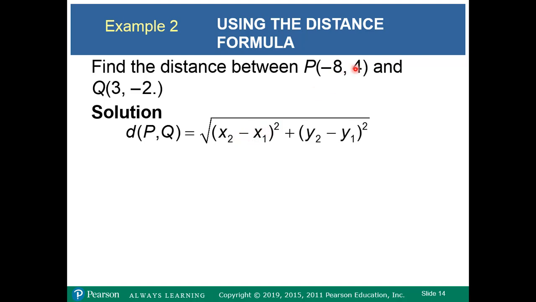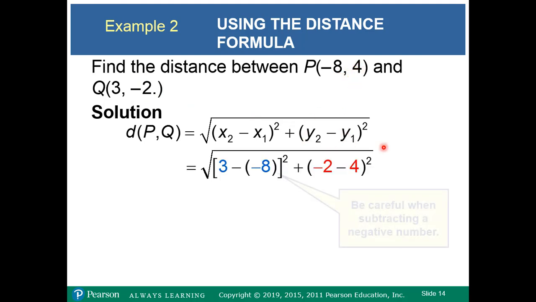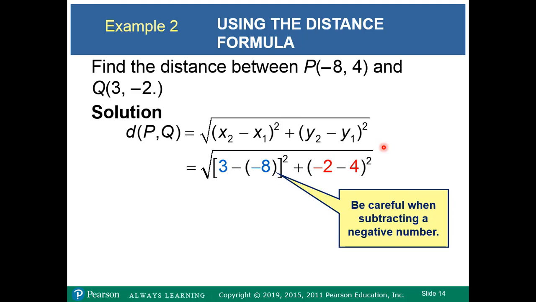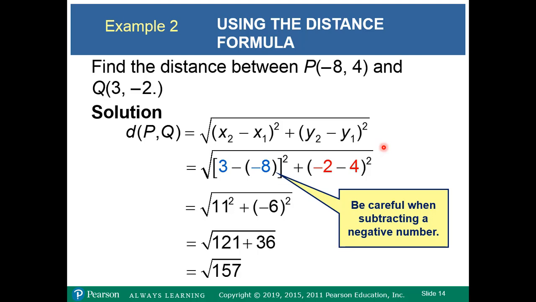Then for the y's, negative 2 minus 4 quantity squared. And we simplify, and we get 157. Square root of 157.